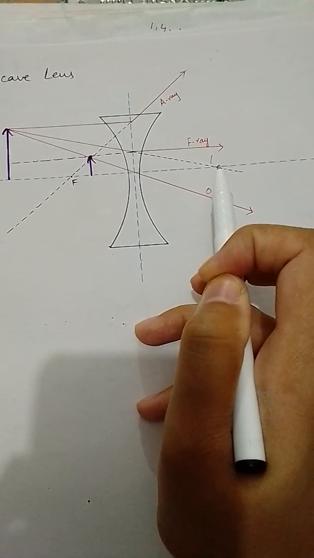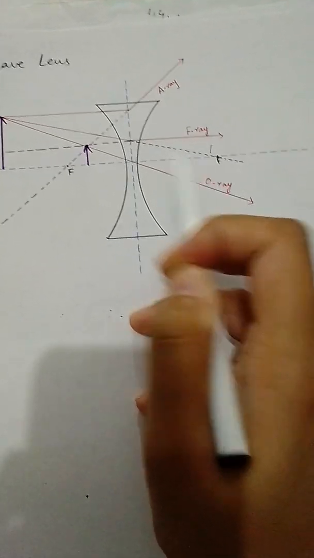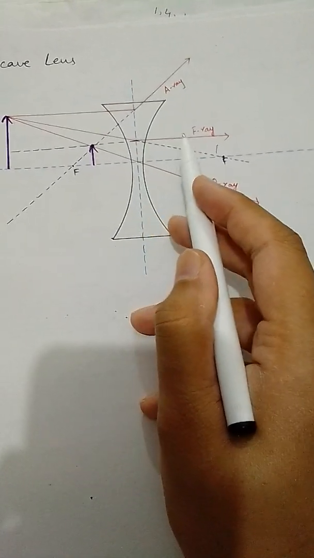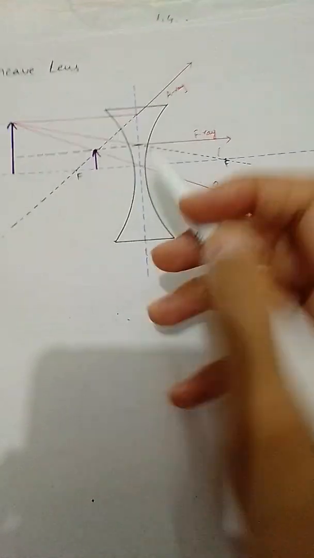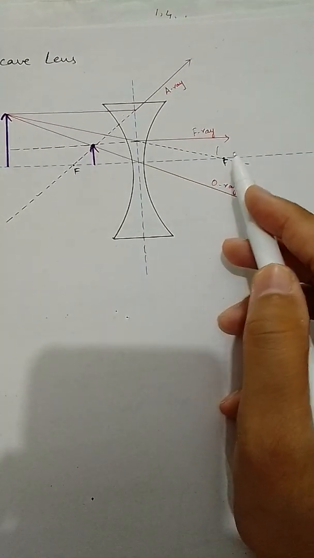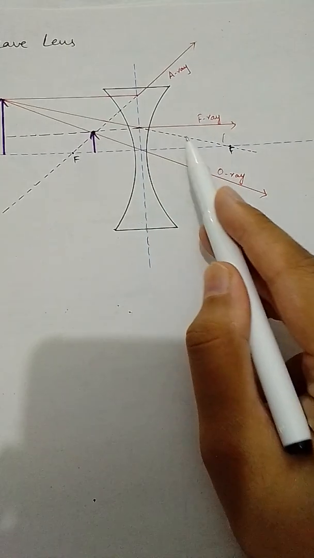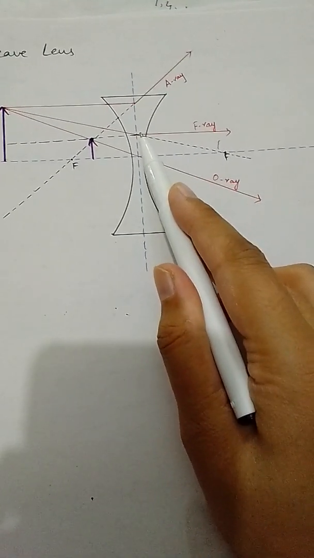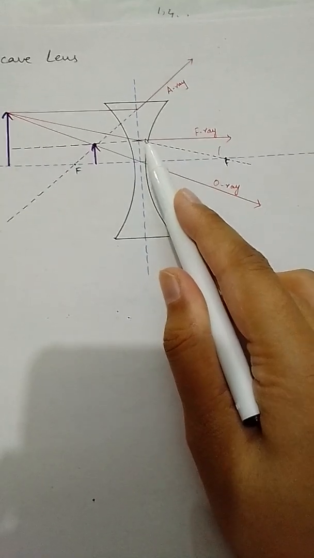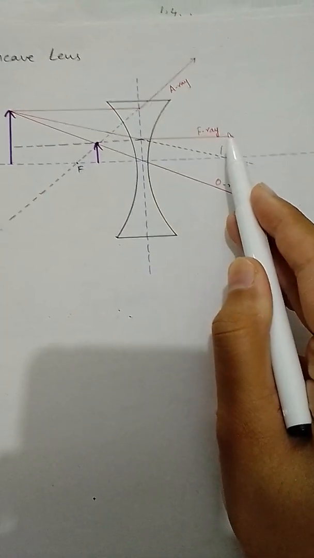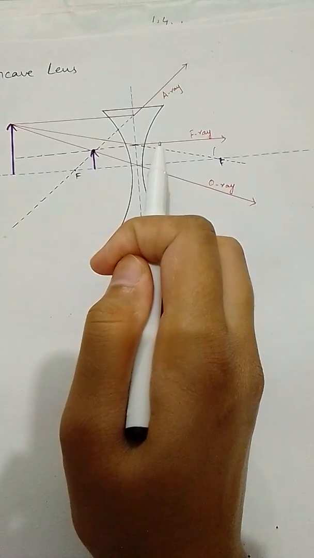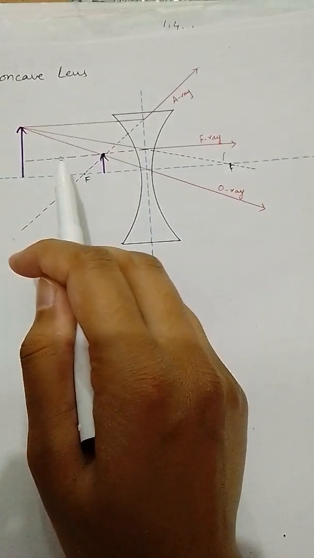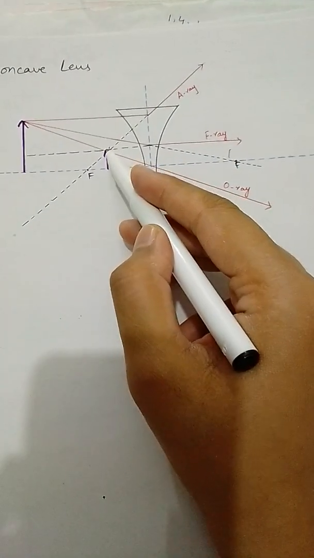Its original direction was towards the focus, but after striking this lens, it got refracted and became parallel to the principal axis. Now, after refraction, if we just redraw this line over here, we get intersection.